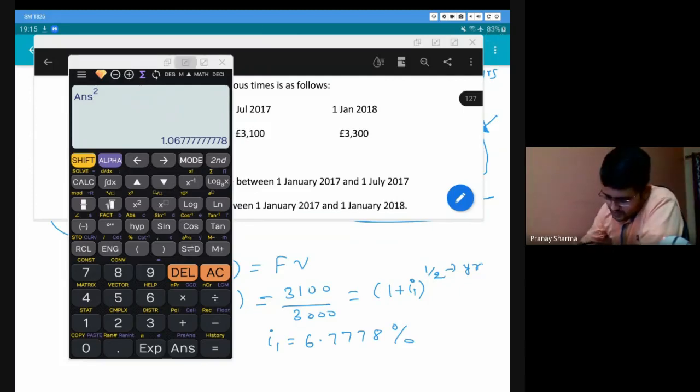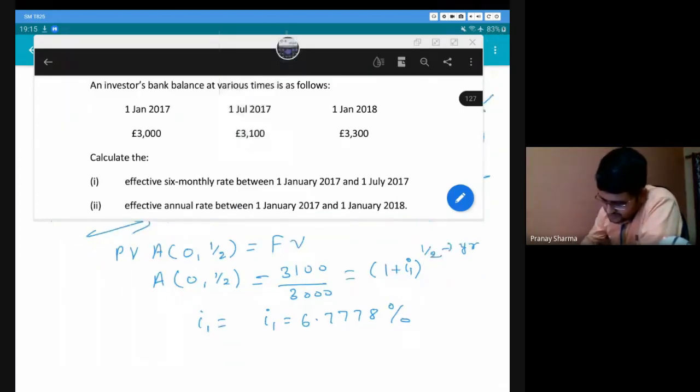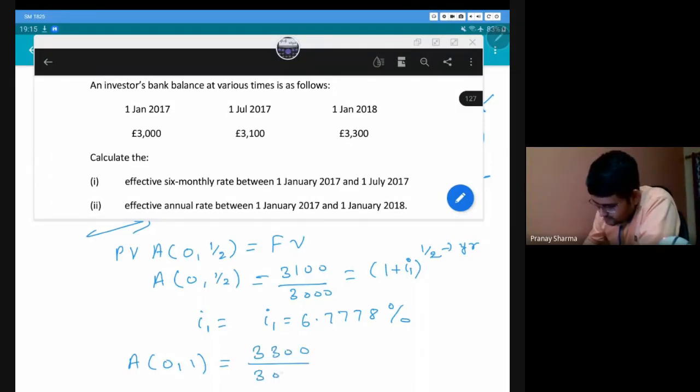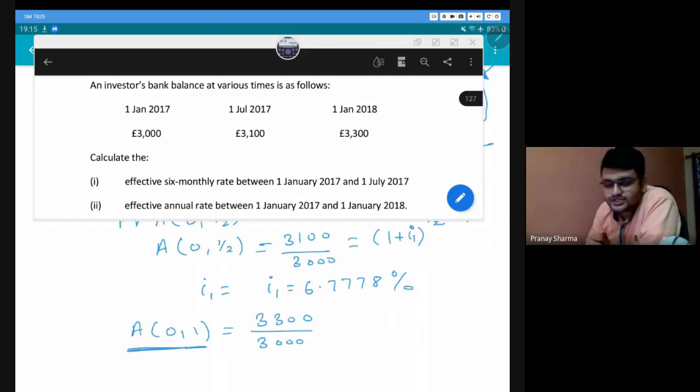Whereas if I convert my second one, my accumulation factor 0 to 1 was equal to 3300 divided by 3000. How many half years have passed in 1 year's time? 2 half years. That is why I will have 1 plus I dash 2 whole square.